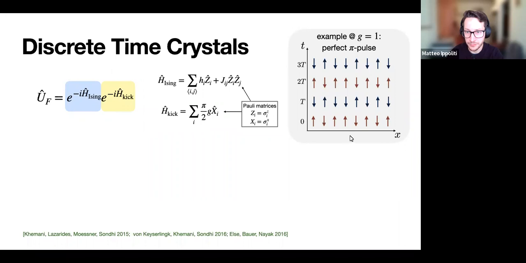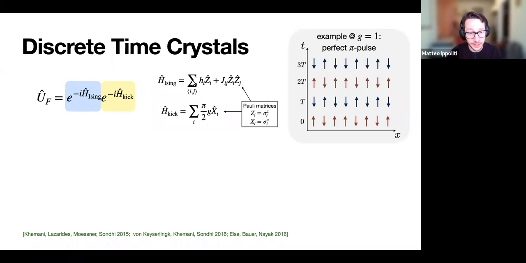And in that case, what we find is that starting from an arbitrary configuration of up and down spins, the kick with G equal to 1 is a perfect pi rotation of all the spins about the x-axis. Therefore, it flips this configuration into its negation, where up becomes down and down becomes up.